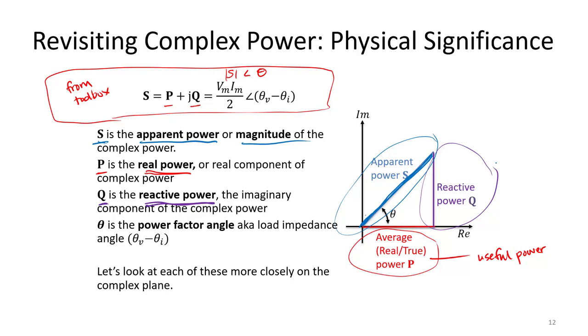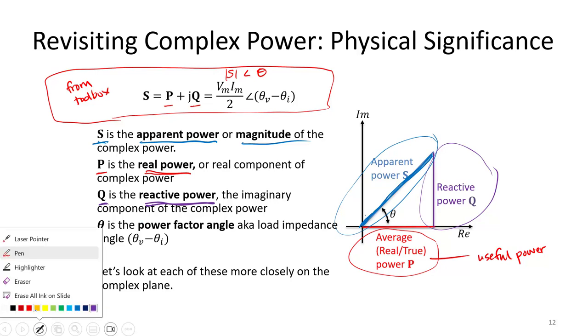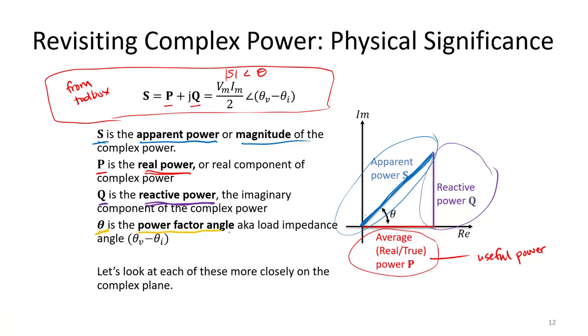Most of the time we are unable to use that imaginary component, so generally we want to minimize the Q value. And finally we have theta, our power factor angle. Sometimes this is also called the load impedance angle. So let's take a closer look at each of these and see why we should care about them.